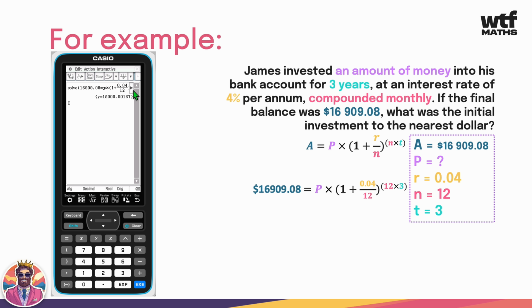So if you're ever getting no solution as part of your answer, one possibility is you have just forgotten to tell the ClassPad right at the end what it is you want. In this case, it's saying y is $15,000 and 1/10 of a cent, pretty much, or 2/10 of a cent. So we would say to two decimal places, $15,000 was the principal.